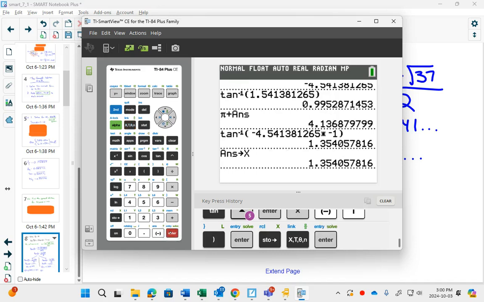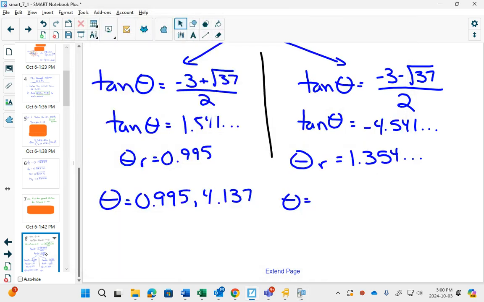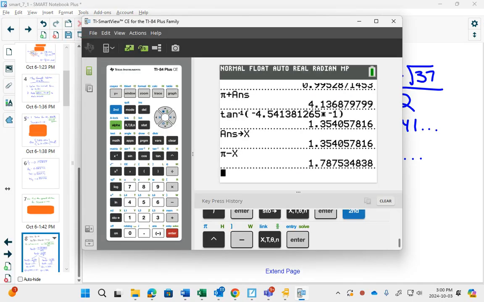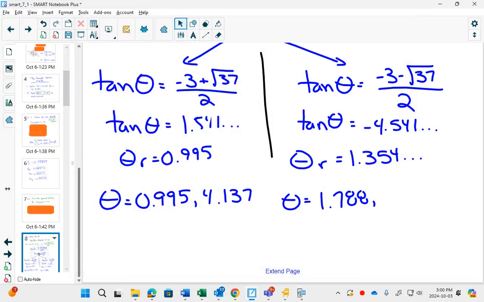If I store it as X, I can now go pi minus my reference angle for quadrant 2, enter, 1.788. And in quadrant 4, that's going to be 2 pi minus my reference angle. And so it's just quick that I can just go 2 pi minus x, then get 4.929.